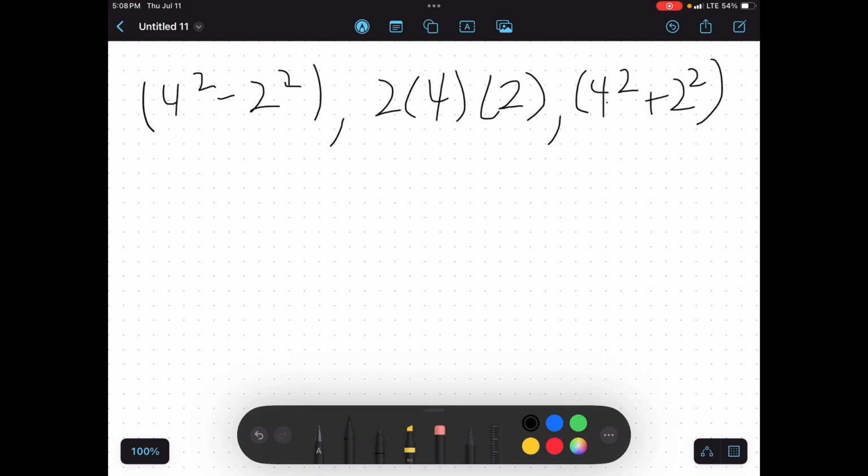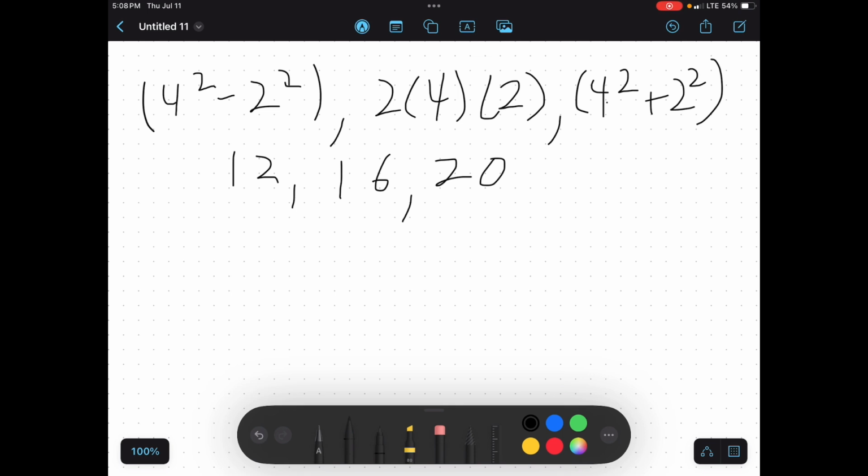So 4 squared minus 2 squared, that's 16 minus 4, or 12. 2 times 4 times 2, that's 16. And 4 squared plus 2 squared, 16 plus 4 is 20. So 12, 16, and 20. 12 squared is 144, 16 squared is 256, 20 squared is 400. So of course, those work out.